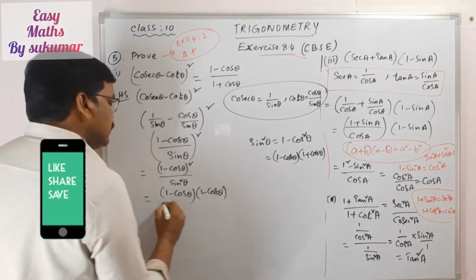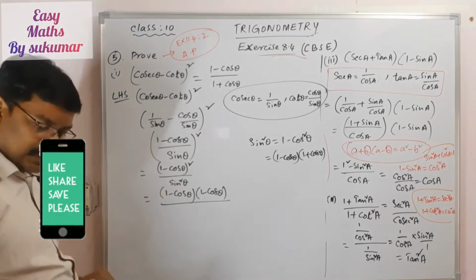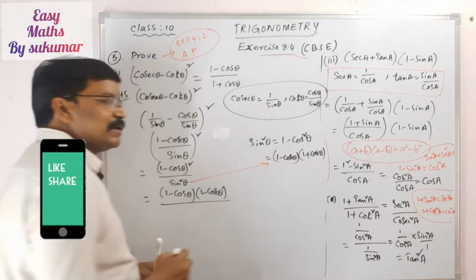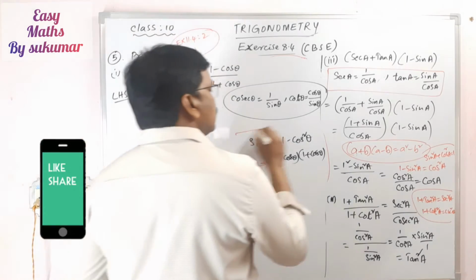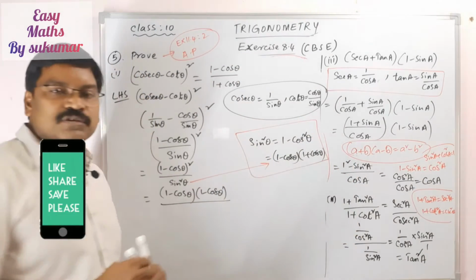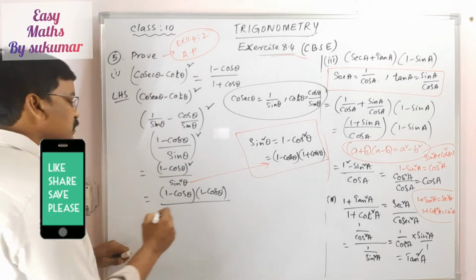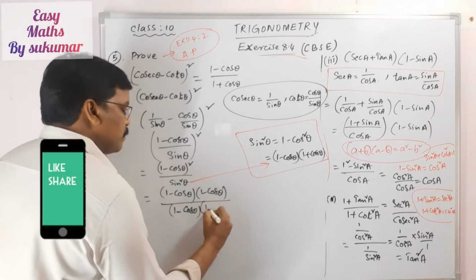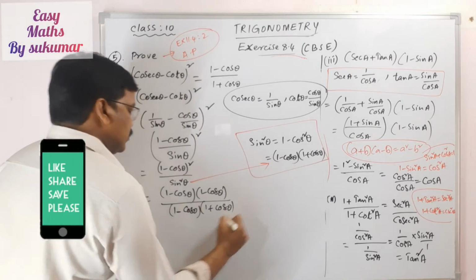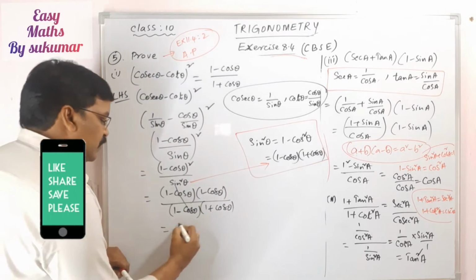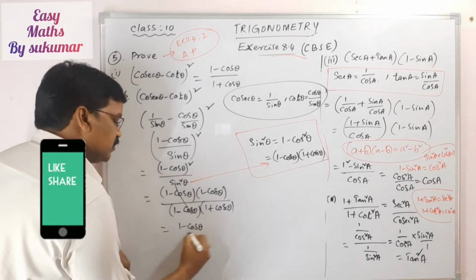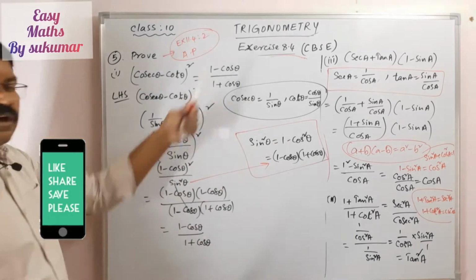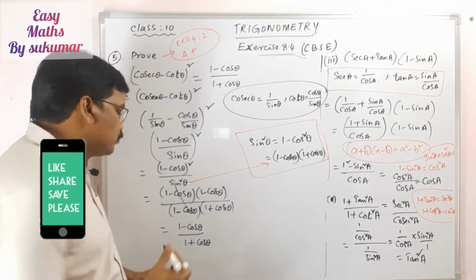So instead of sin square theta we can write 1 minus cos theta times 1 plus cos theta, right? Here both get cancelled. Finally it is 1 minus cos theta by 1 plus cos theta. So this is RHS.